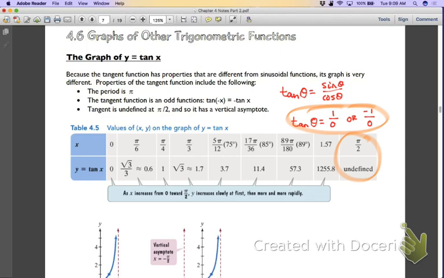It's going to be undefined, because it's going to be 1 over 0 or negative 1 over 0. So the reason it's not going to have a period length of 2 pi like the full circle is that at two different spots it basically cuts the circle in half. It cuts the circle in half at the y-axis.